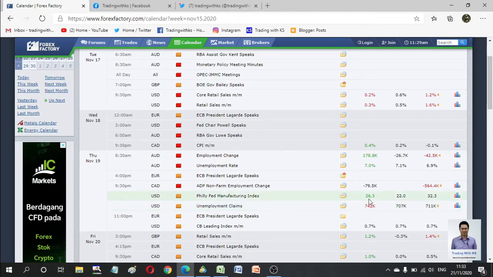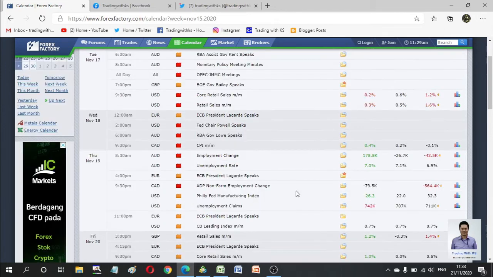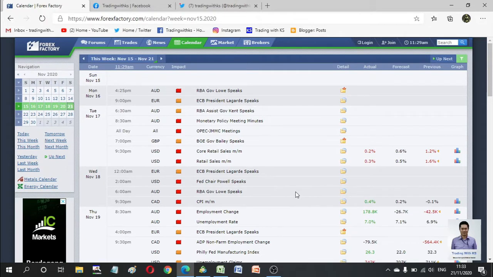So for the US dollar, basically a lot of negative sentiment. The CB leading index is the same. And for CAD, the retail sales data has improved. Basically we're looking at a stronger CAD, a weak USD, and also a weak Aussie dollar.